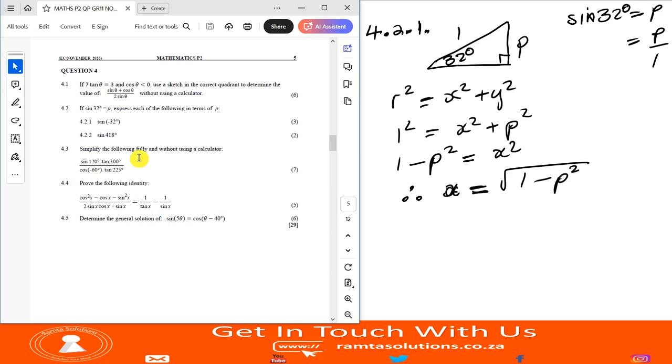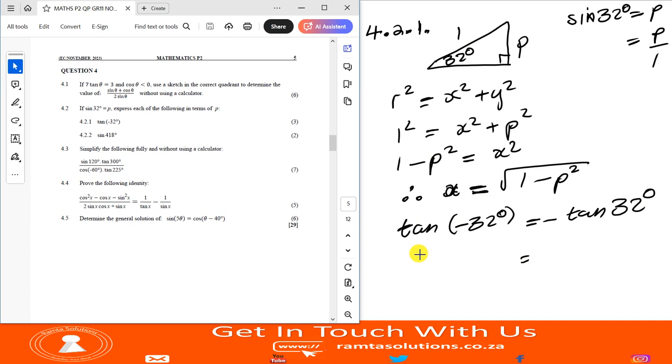Now, we haven't yet answered the question. The question said we must solve for tan negative 32 degrees. Tan negative 32 degrees is basically equal to negative tan 32 degrees. Remember, it's a negative angle of tan.